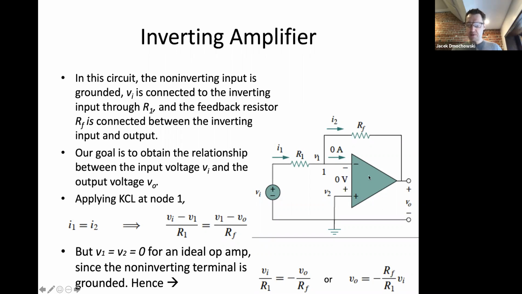And so the key thing is that we control these resistors, right? There's the op amp, which is like a black box that is given to us. And then we control these resistors and we control the input. So for example, if we want to double our voltage, then we will need to make our feedback resistor equal to twice the input resistor, R1.